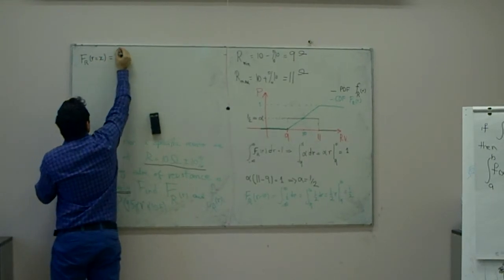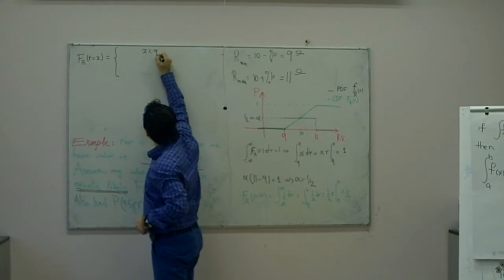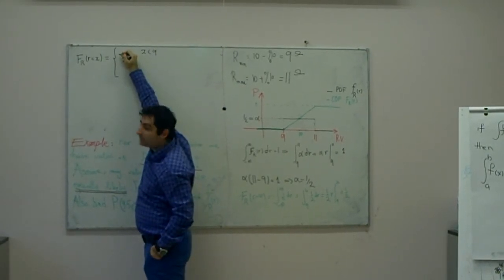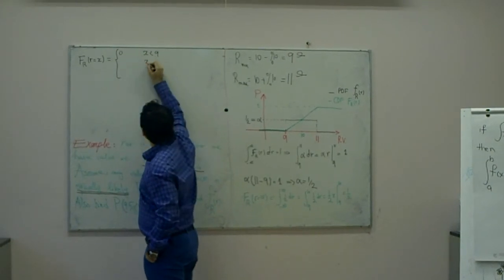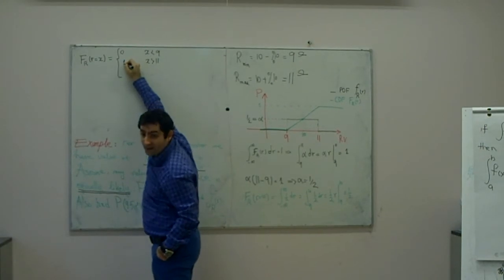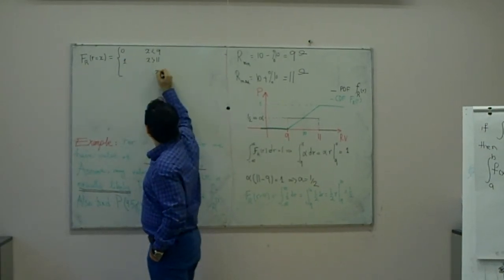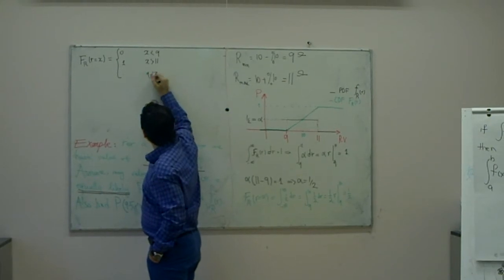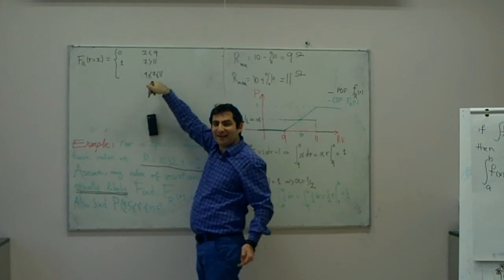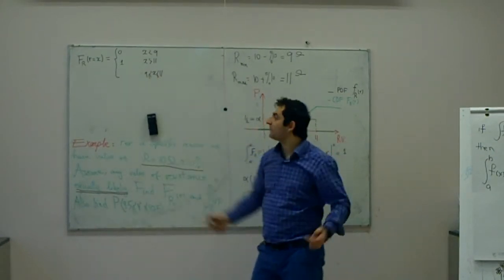This is equal to, if x is less than 9, what is the value? 0. If x is greater than 11, what is the value? 1. If the value is between 9 and 11, do I need to put the equality here? Doesn't matter because the probability at a point is 0.